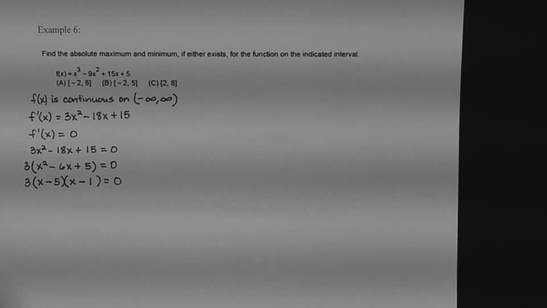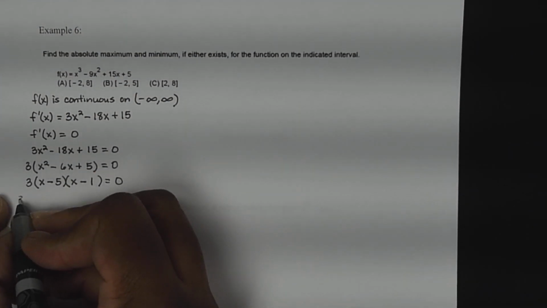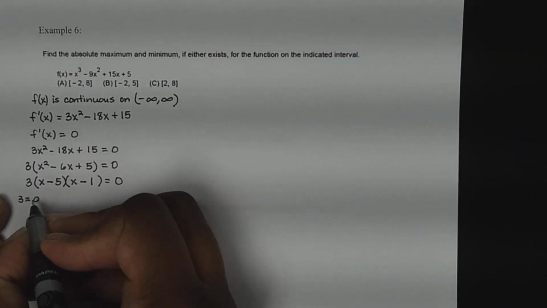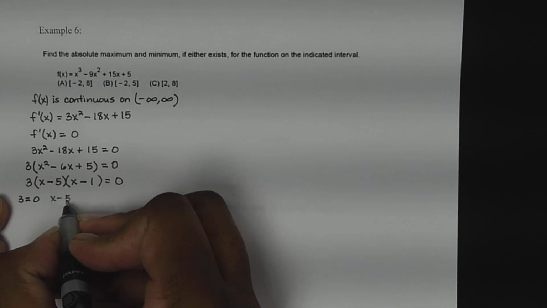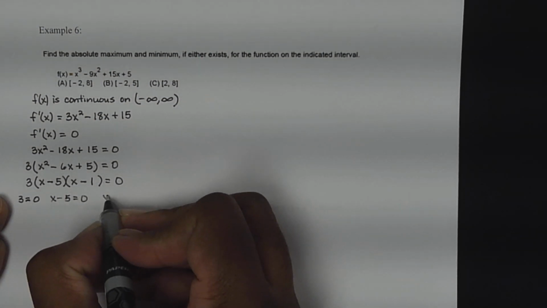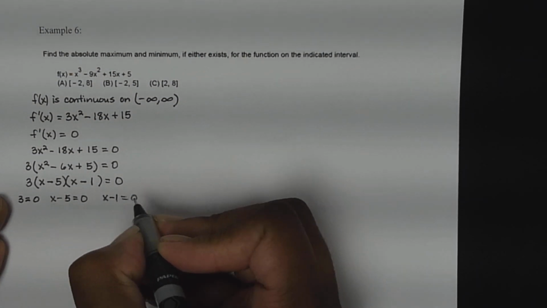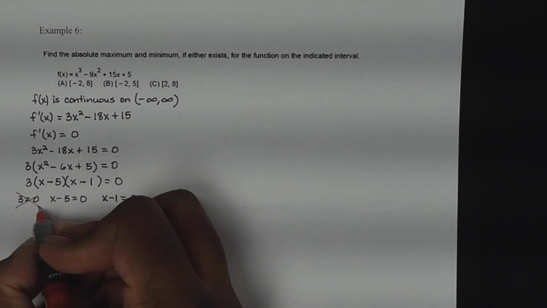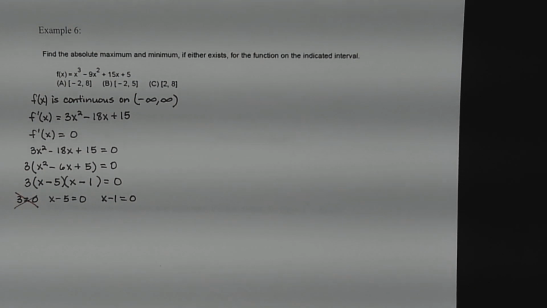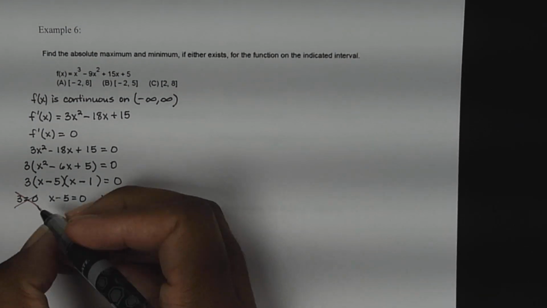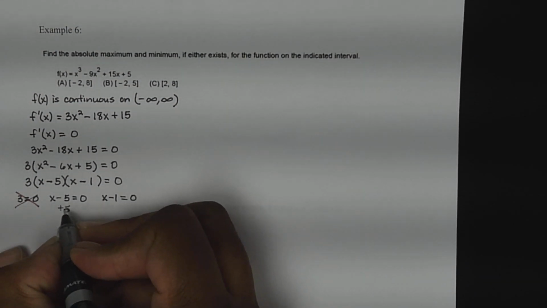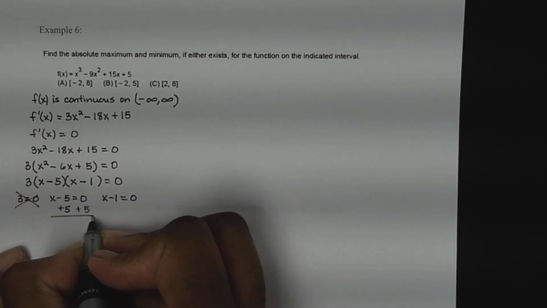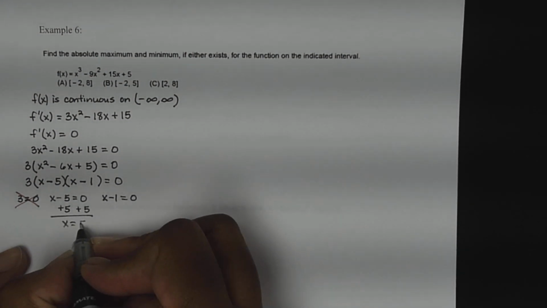So here I'm going to set each factor equal to 0. So 3 is equal to 0, x minus 5 is equal to 0, x minus 1 is equal to 0. For 3 equal to 0, I can cross that out. For x minus 5 equal to 0, if I add 5, I get x equal to 5.